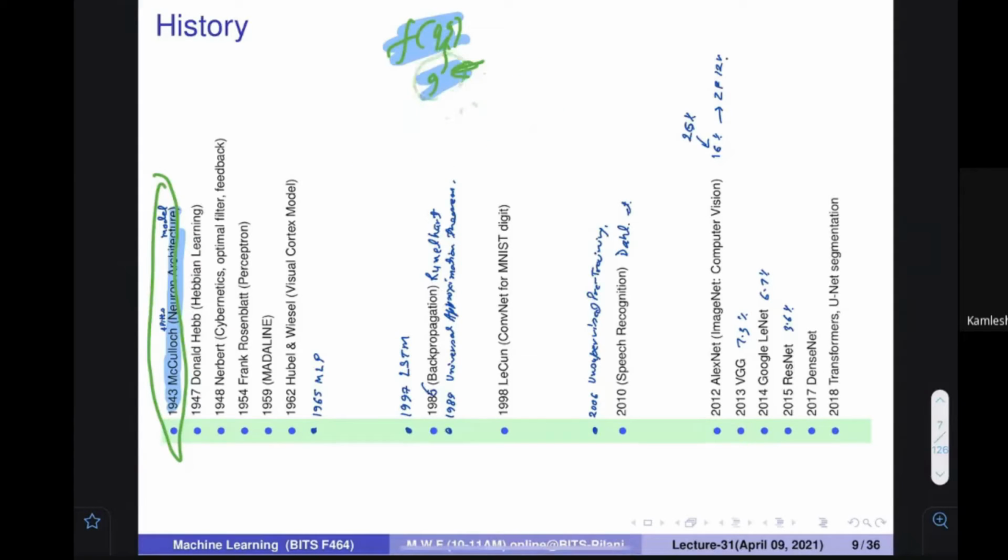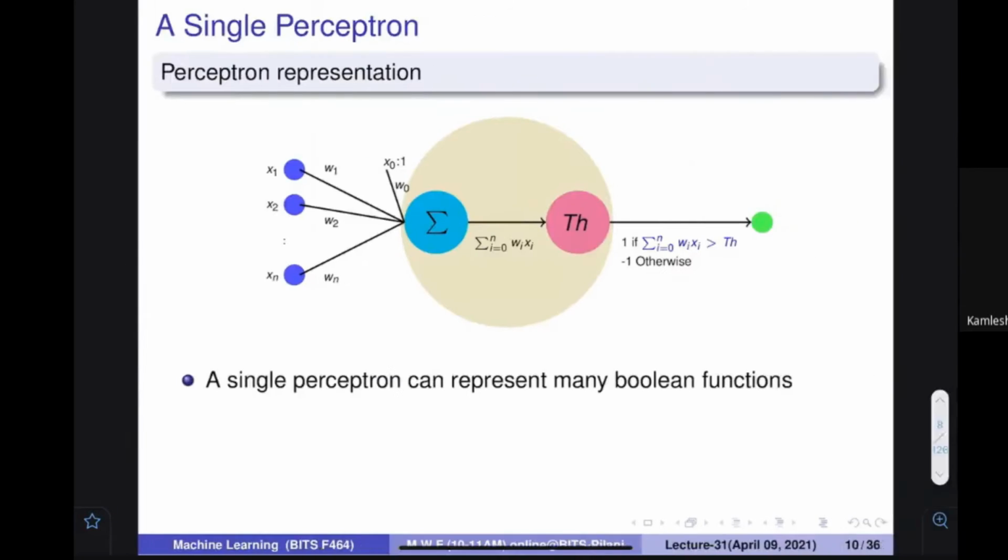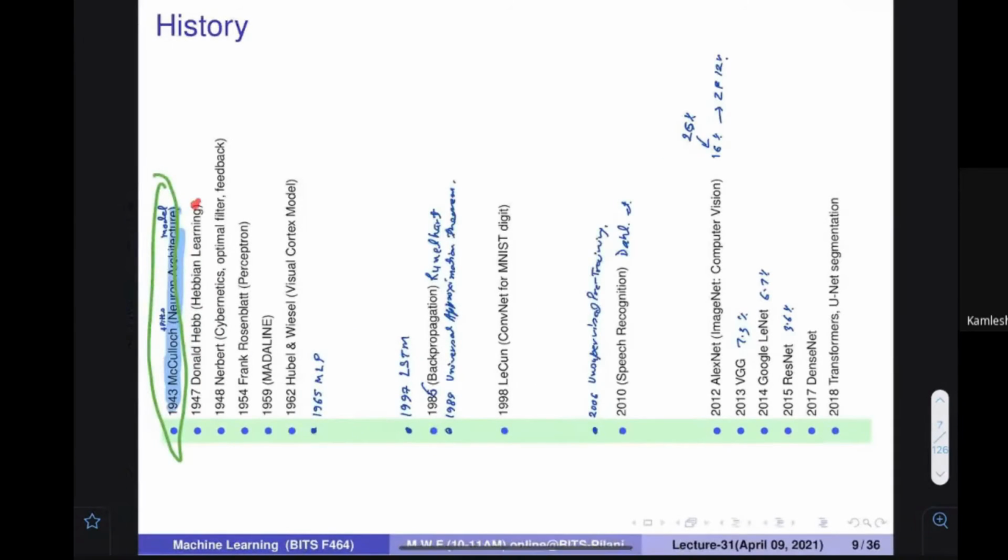Then a very important thing comes: if you have an architecture, you want to learn it, which means you want to modify the weights. How to modify the weights? The Hebbian method came around 1947, very quickly. He talked about Hebbian learning. What does it mean?